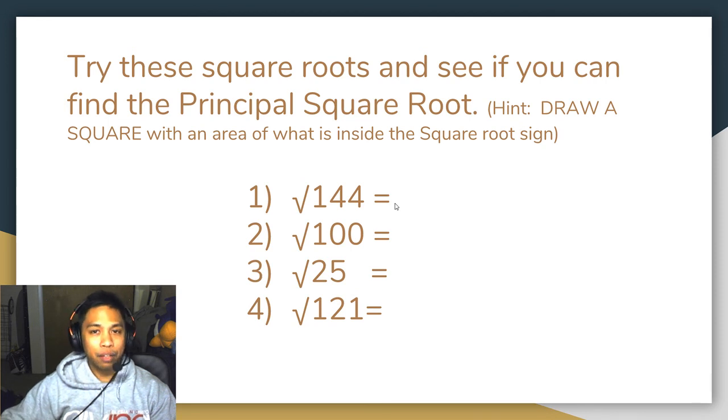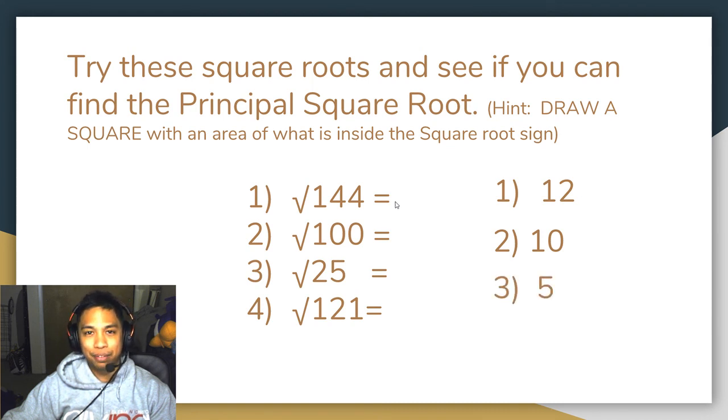The side length of that square would be 12 units. Number 2, think of a square with an area of 100 square units. The side length of that square would be 10. Number 3, the square root of 25 is 5. And number 4, the square root of 121 is 11.